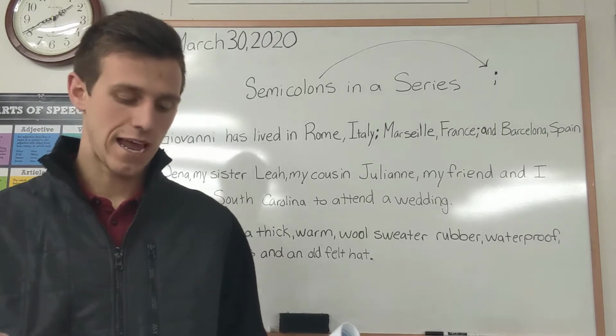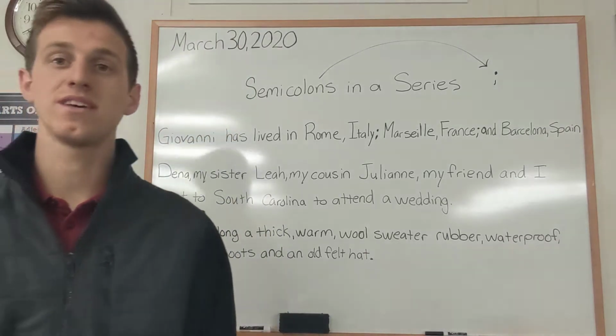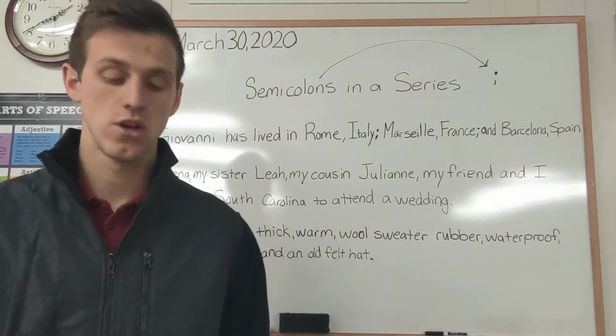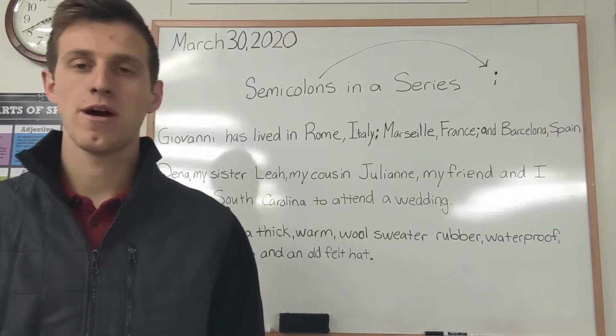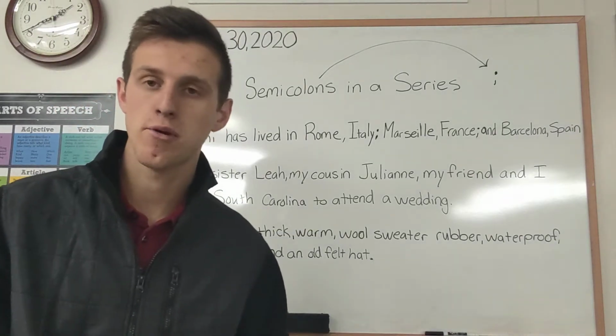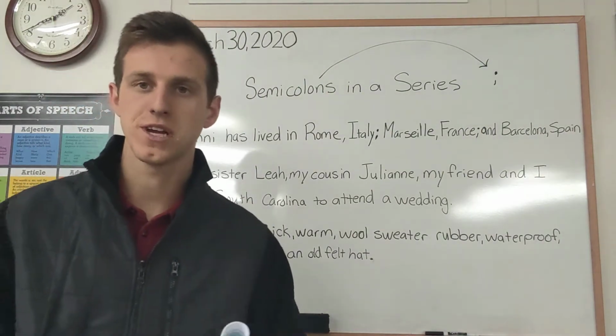Jumping down to the next arrow, it says use a semicolon in sentences with a series of appositives. So you guys remember what appositives are? Remember, it's a noun or pronoun that directly follows another noun or pronoun, and it renames that noun or pronoun without using a linking verb.